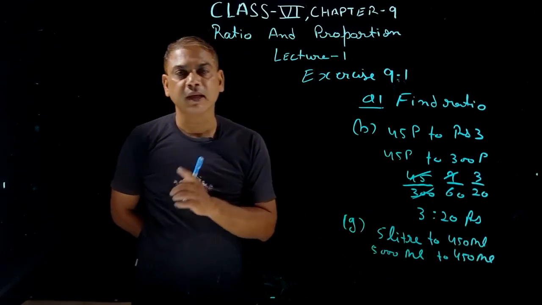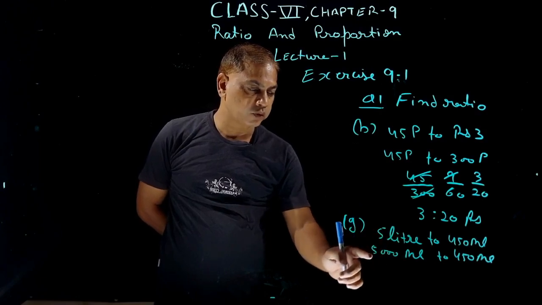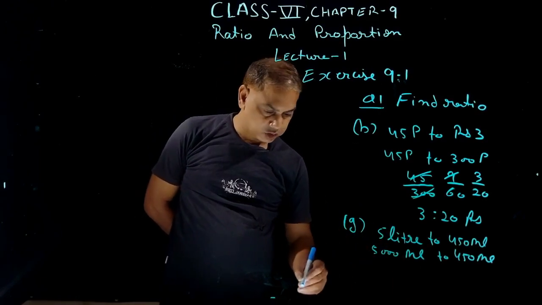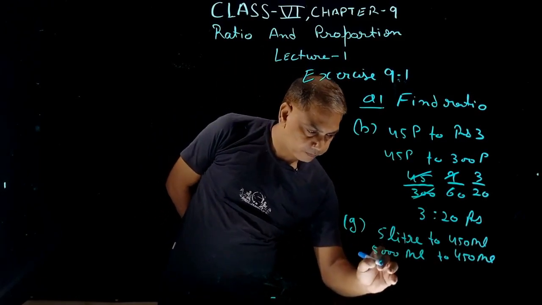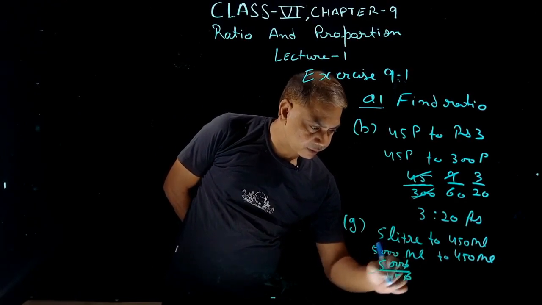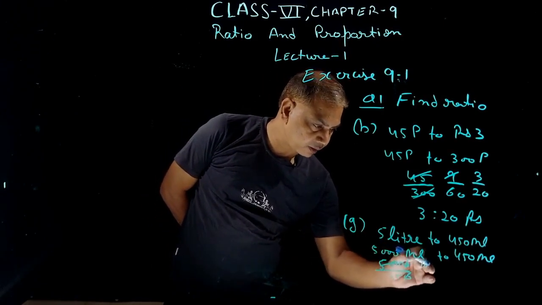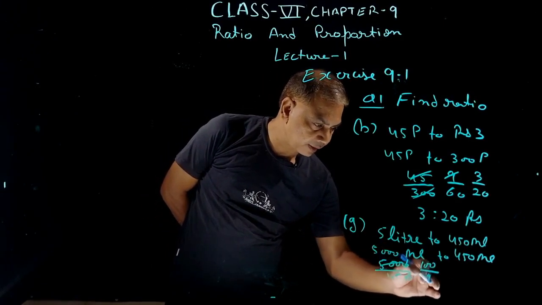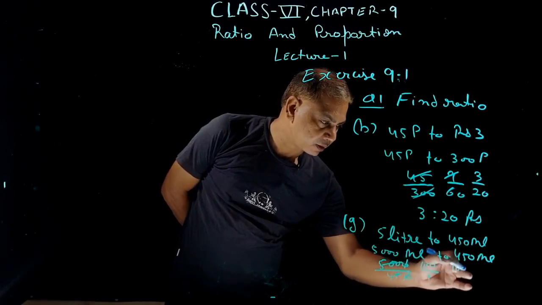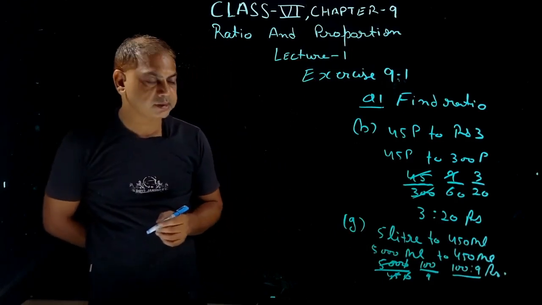Why? Because 1 liter is equal to 1000 ml, so 5 liter will be equal to 5000 ml. Now find their ratios. The ratio will be 5000 upon 450, cancel out, it's going by 50, 100 upon 9, so your ratio will be 100:9. Okay, this is your answer students.